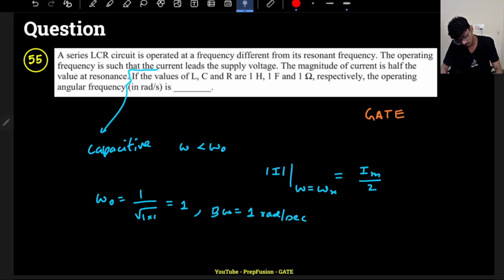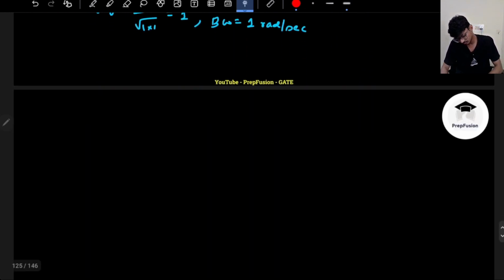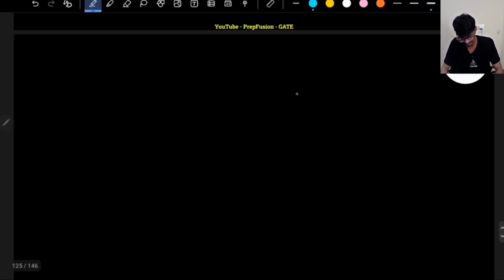What is the operating angular frequency? If this is half, so at resonance, first of all, it is a series RLC circuit, right? So a series RLC circuit will be something like this.